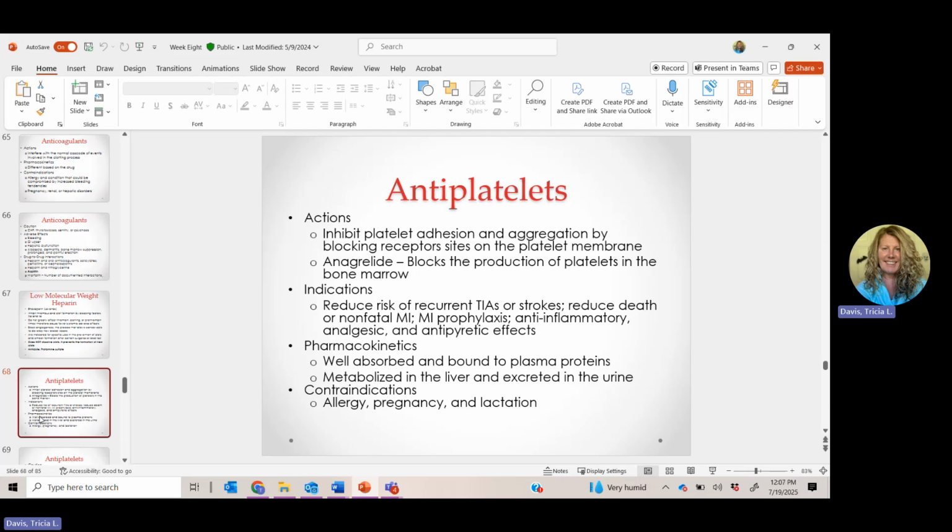Sometimes we put patients on this to prevent another MI or any type of MI from developing, okay? They are also considered anti-inflammatory. They also have analgesic properties and antipyretic effects. So they can reduce pain and inflammation and fever. A good example of an antiplatelet is your aspirin.